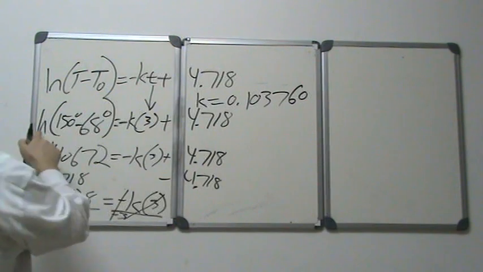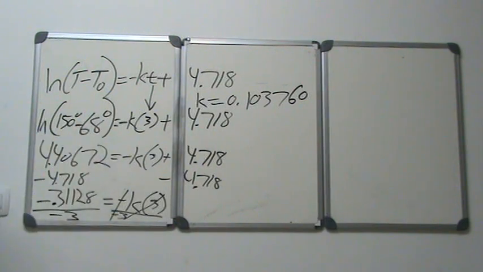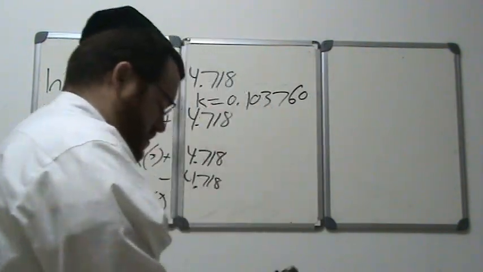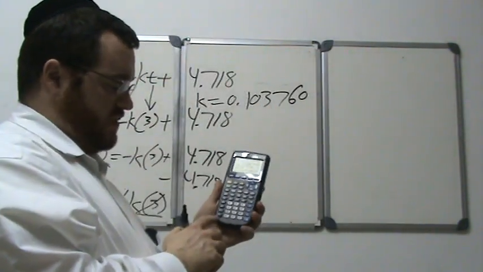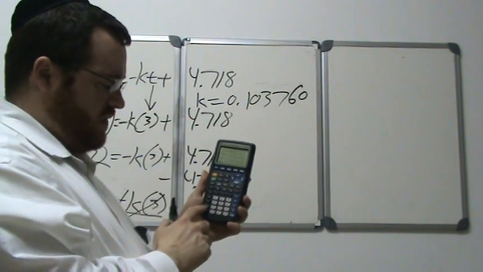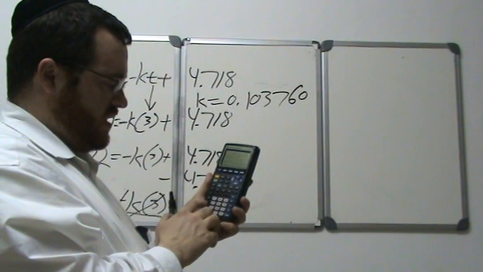So you have the natural log of 150 minus 68. So you take out your calculator. You go up on the bottom left side. You see it says ON button. Go up 1, 2. Above the ON button is 2nd, and above that is LN.